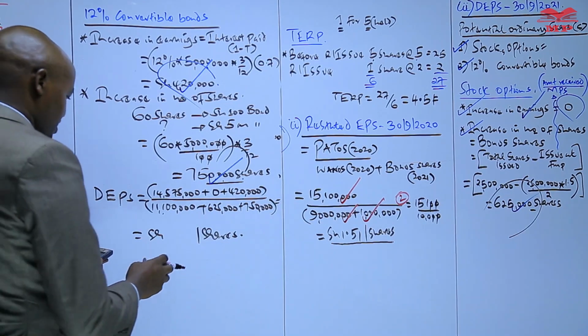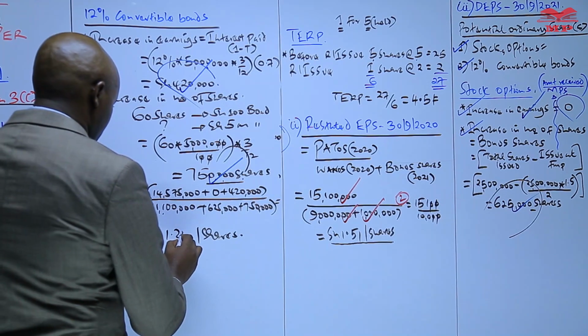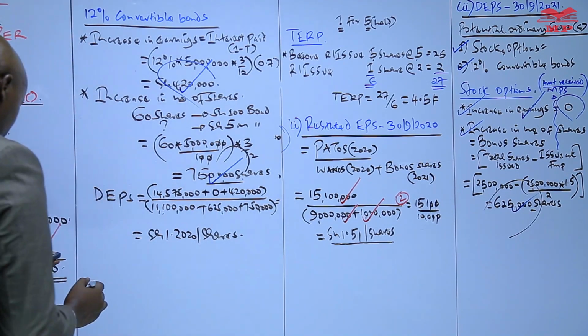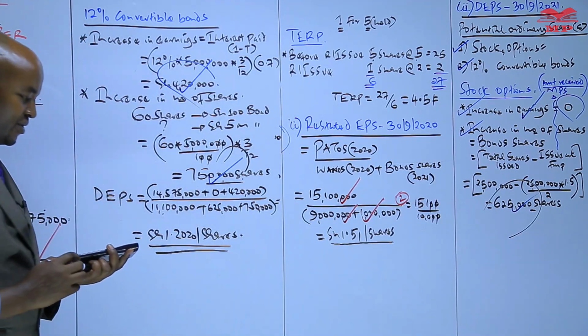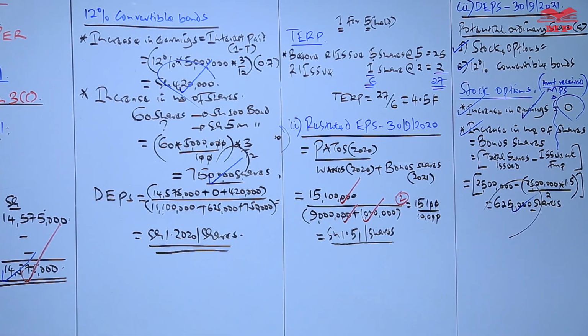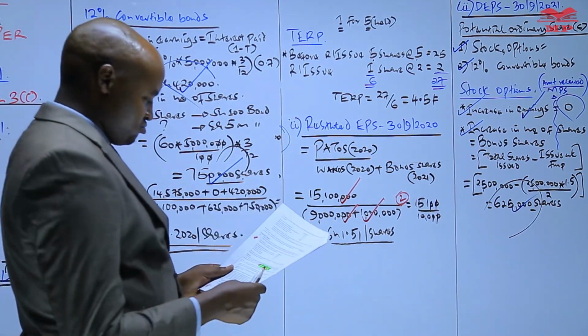And that will give us shillings 1.2020. Yes, so basically that is it, that is what was required there. And you can see that the marks which were allocated there were 4.